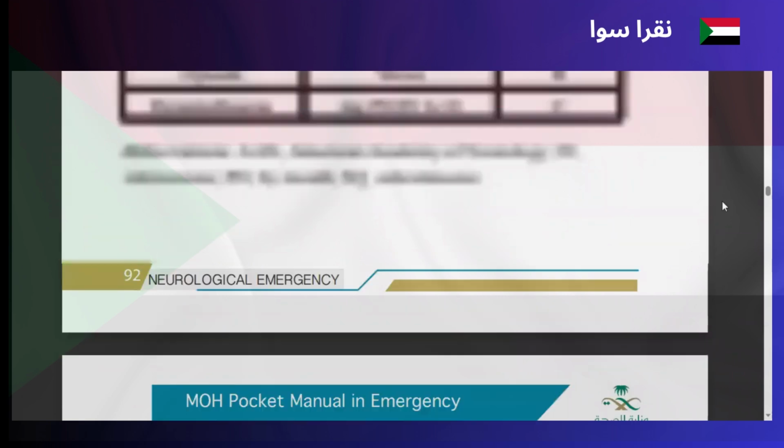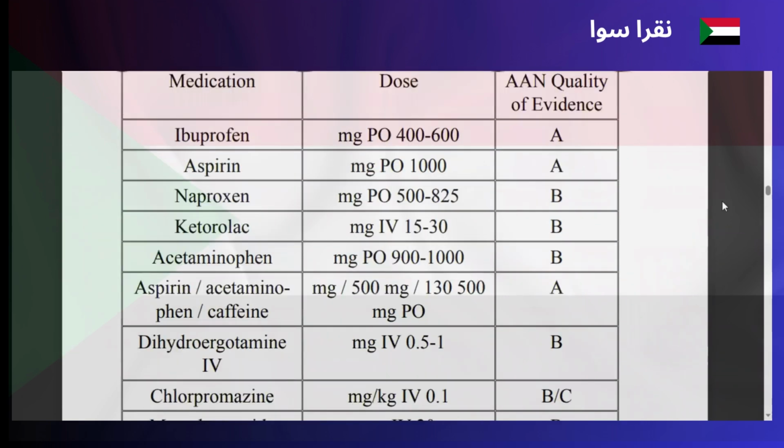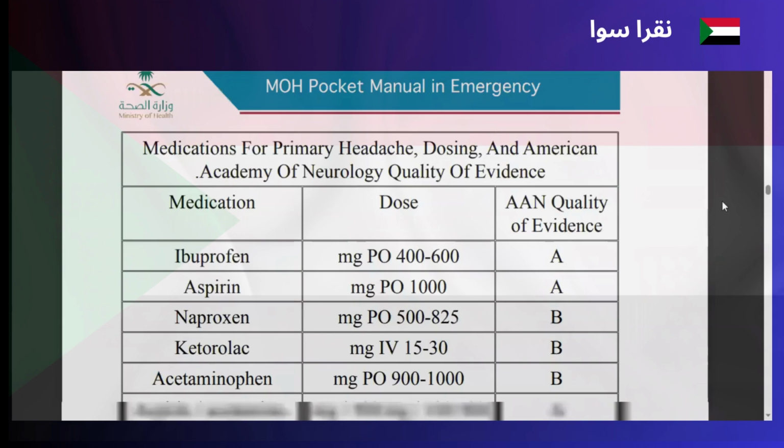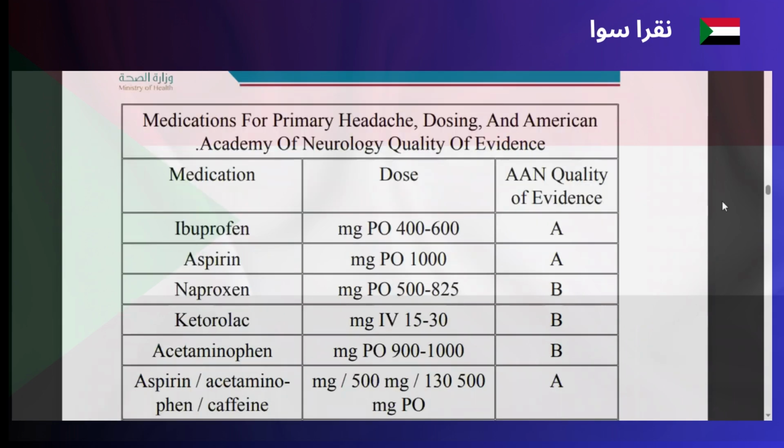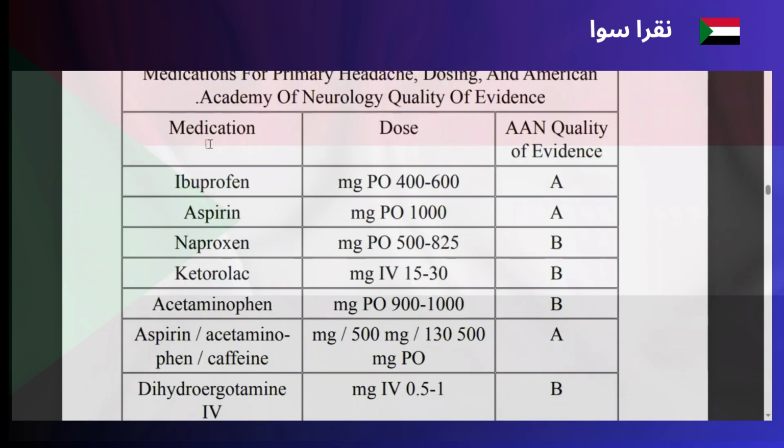But I want to read this table. The medication for primary headache and dose. The medication ibuprofen per oral 400 to 600. We have aspirin per oral 1000 milligram.